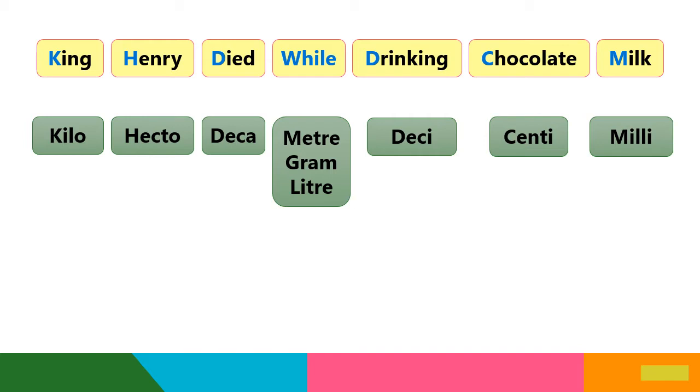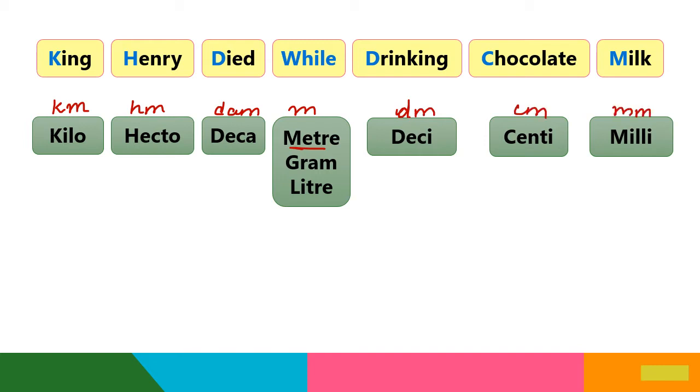So if we have to form all the units for length, that is the standard unit is meter, so to form the units of length we can use kilometer, hectometer, decameter, then comes meter, then decimeter, centimeter and millimeter.